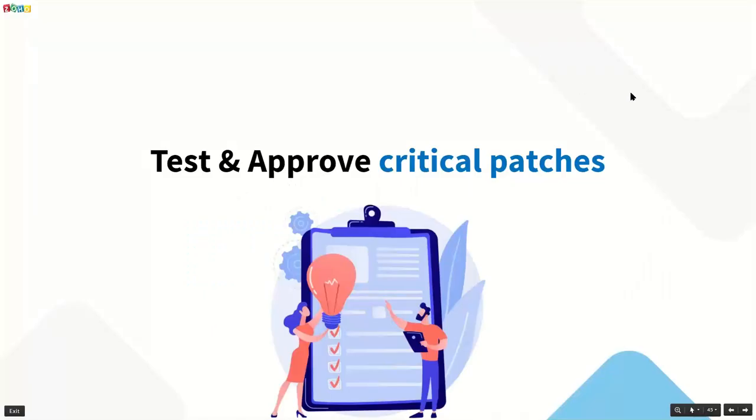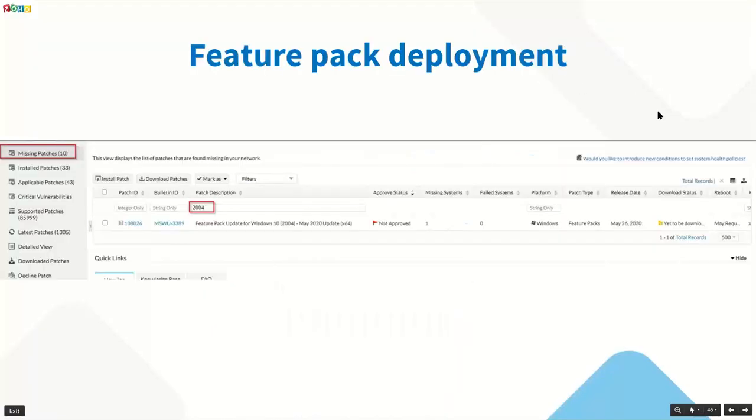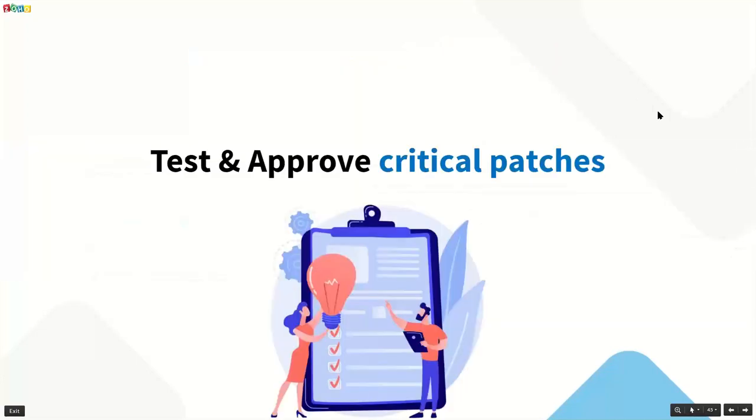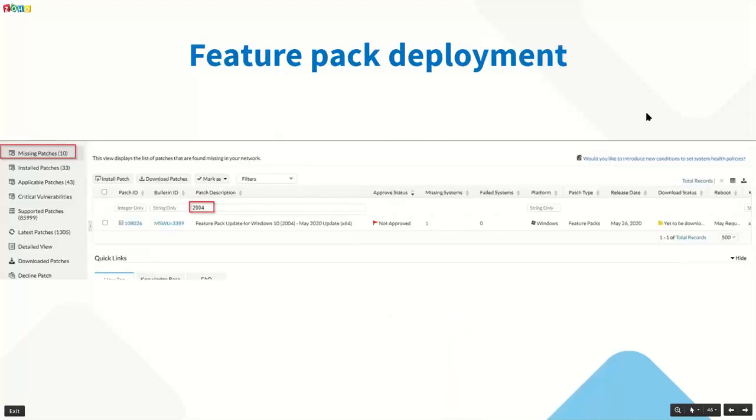With the distributed workforce, the challenge is to plan the deployment based on users' availability. Before that, I will explain to you about the feature-pack deployment. Microsoft releases the feature-pack deployment for Windows 10 operating systems, and the recent ones are 2004 and 20H2.